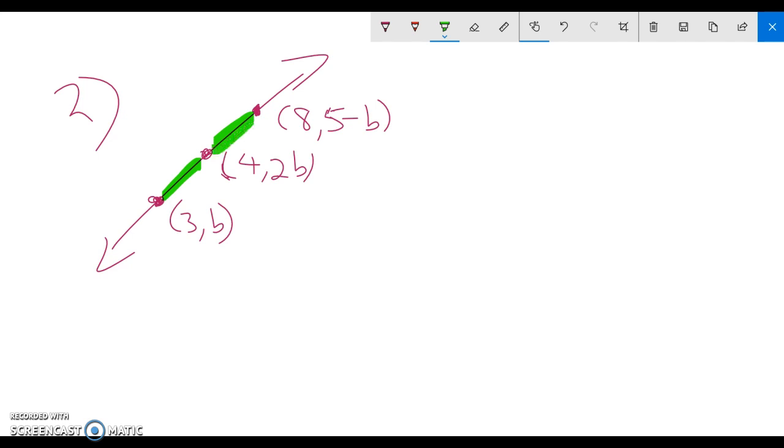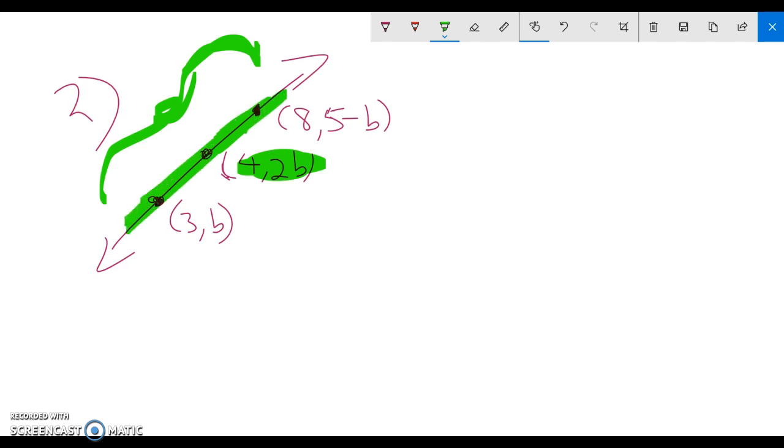They have the same slope. Now this looks like midpoint, but it doesn't tell you anything about the midpoint, so please do not do midpoint formula. You do not know that this lies in the middle. You know though that these are on the same line, therefore they have the same slope. You're right, this line segment and this line segment have the same slope. Alright?